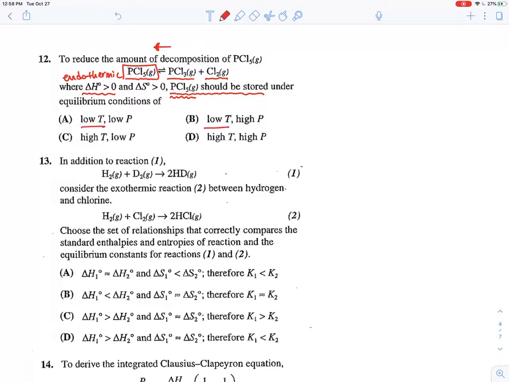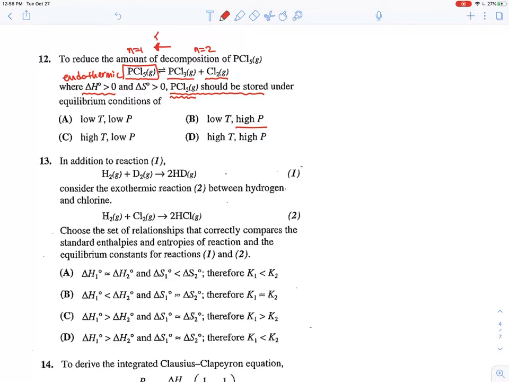And if you look, this side has N is 1 and this side has N is 2. So by pressurizing this, you are pushing the equilibrium this way. So that's high pressure. Oh, no, sorry. Does anyone have a question? I got carried away. Okay.